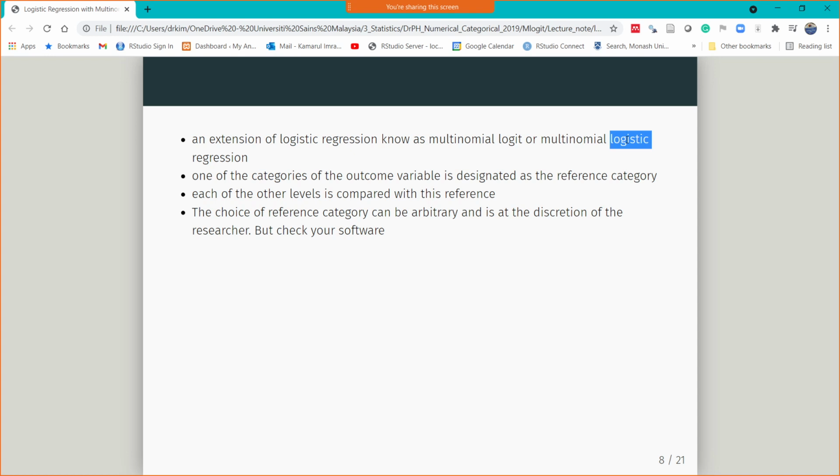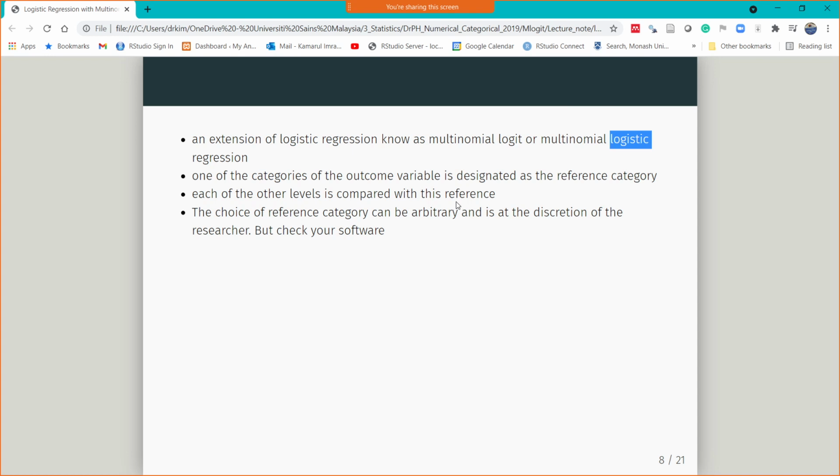I've seen a few cases where people got confused and the reference category was not the one they were interested to compare. Each of the other levels is compared with this reference.